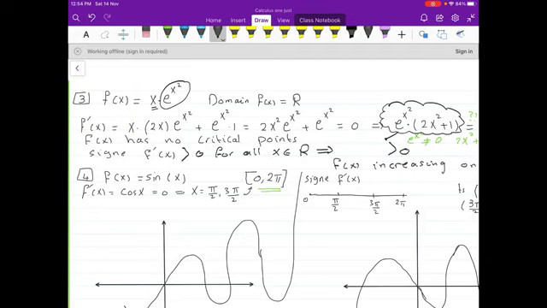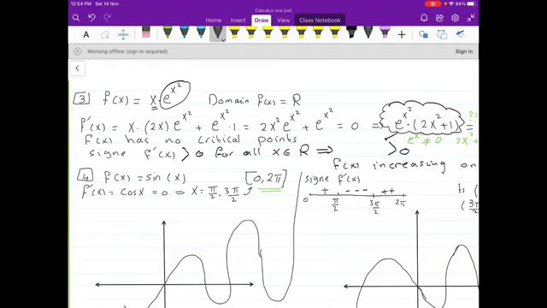If you choose an angle between 0 and pi over 2, it will be in the first quadrant, so the cosine is positive. If you choose an angle between pi over 2 and 3 pi over 2, that means in the second and in the third quadrant, so the cosine is negative. And if the angle is in the fourth quadrant, the cosine is positive.